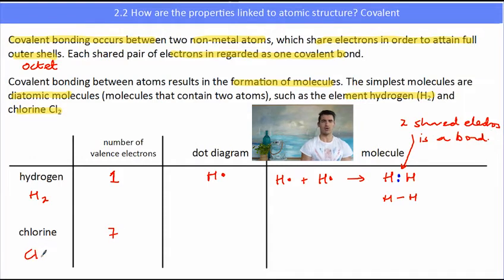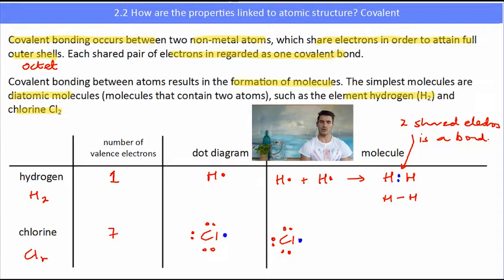If we have a look at chlorine, chlorine has 7 electrons in the outer shell. So if we do the dot diagram, we put in our 7 electrons in the outer shell, we have 3 pairs of electrons and 1 unpaired electron. It's this one unpaired electron that we'll want to share with another chlorine atom to form a covalent bond.